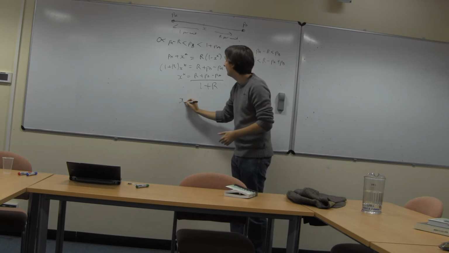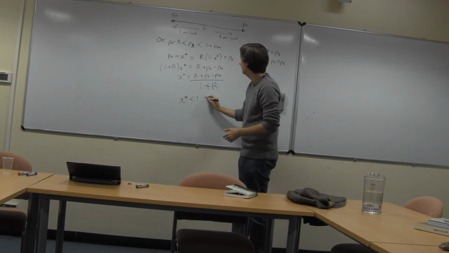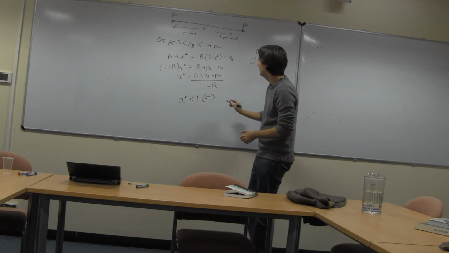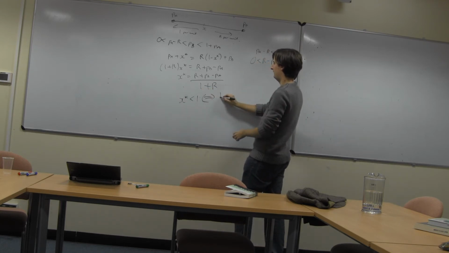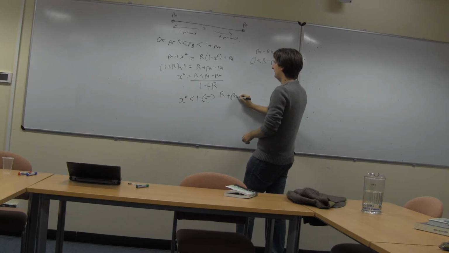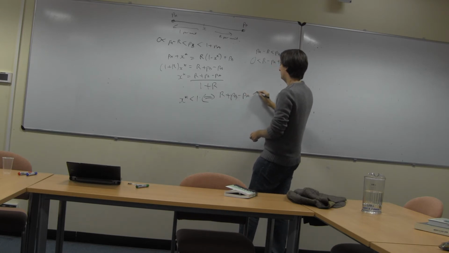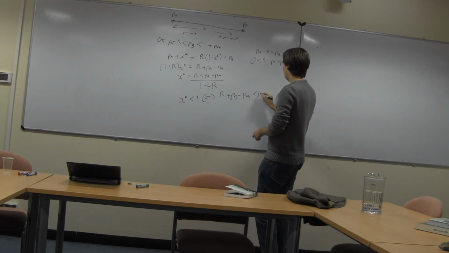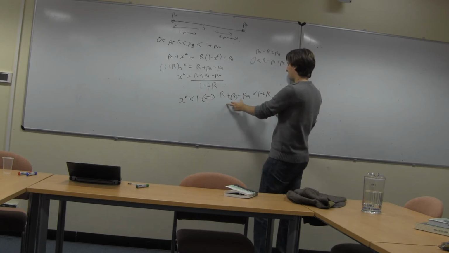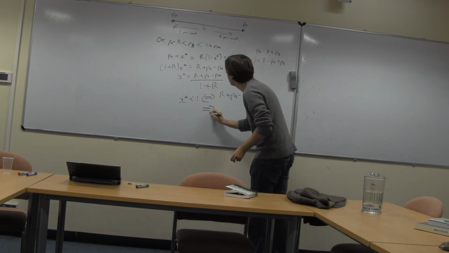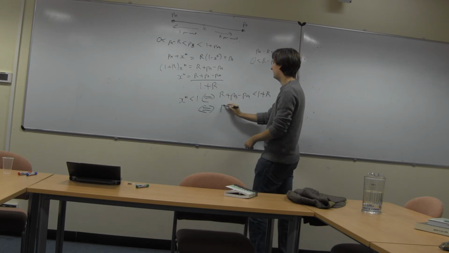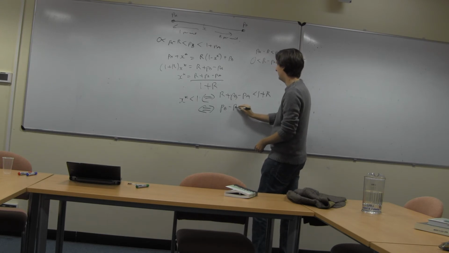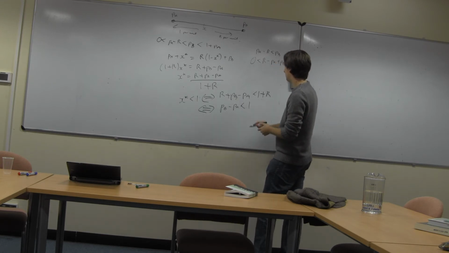Well, X star is less than 1 if and only if we multiply both sides by 1 plus R, we have R plus PB minus PA is less than 1 plus R. So this thing is true if and only if when we subtract R it's still true, so PB minus PA less than 1.